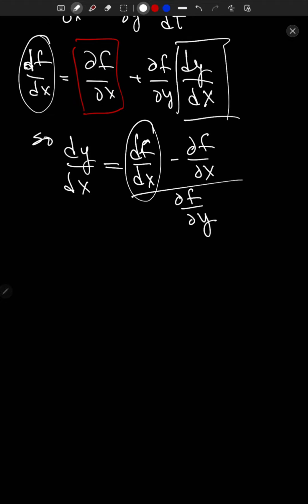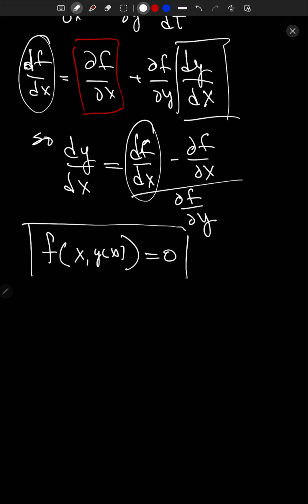Now in terms of applications, frequently what happens is that it's known that f of x comma y of x is equal to 0. This is a very common setting you'll see in differential equations, where this is known to be 0.